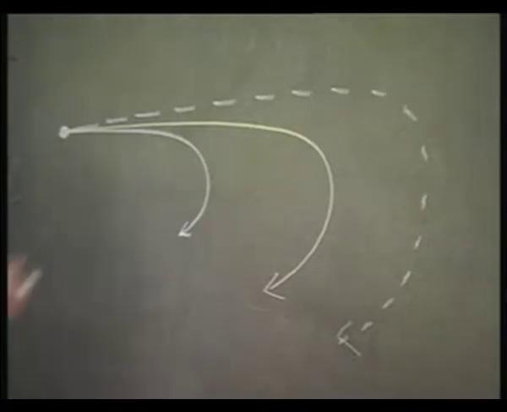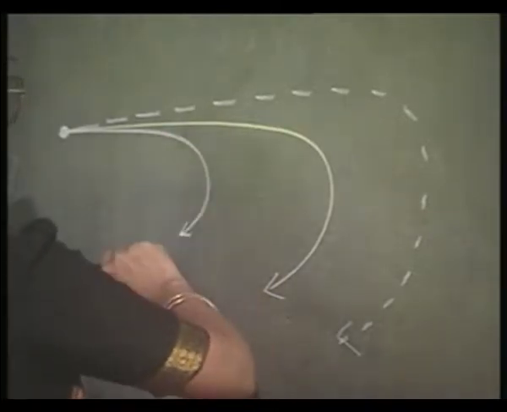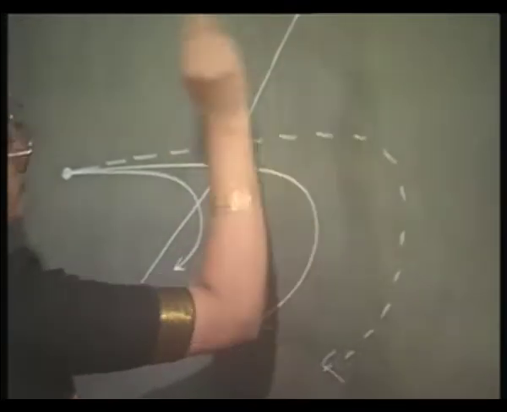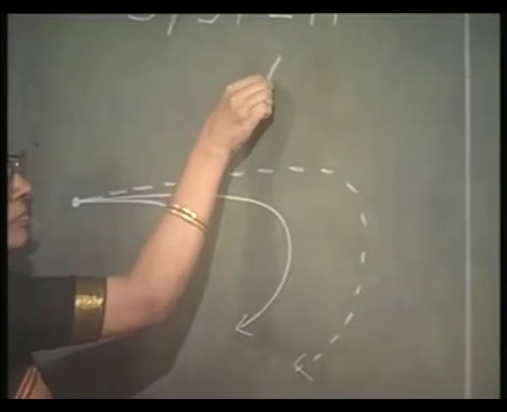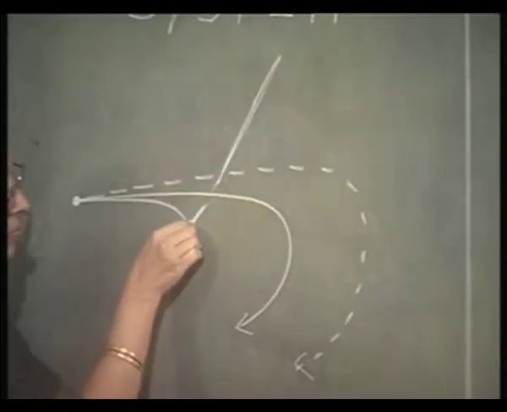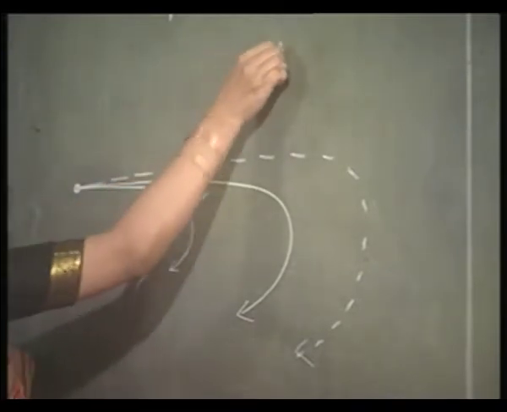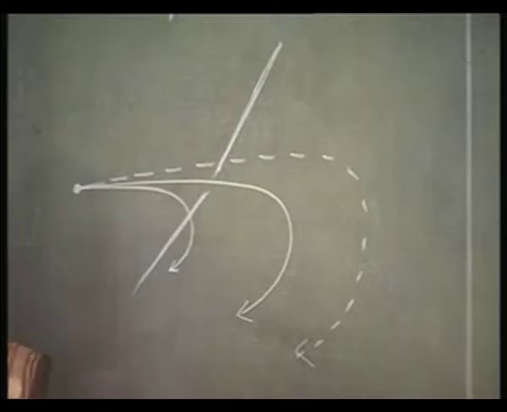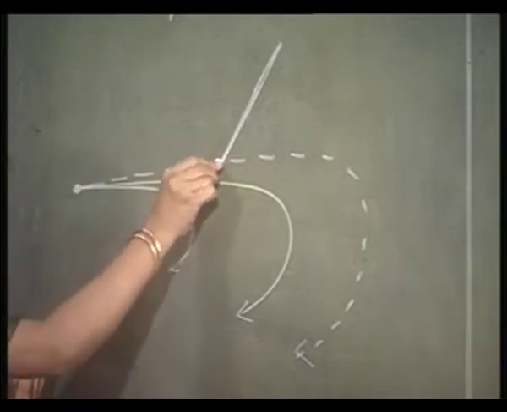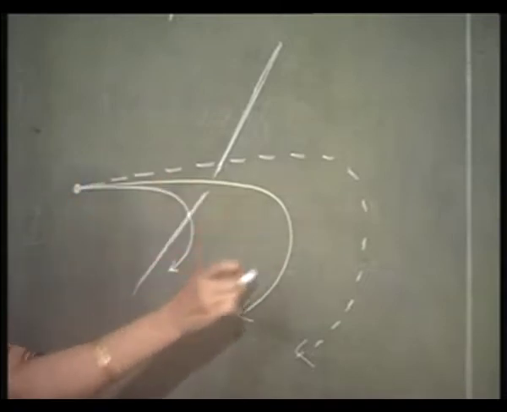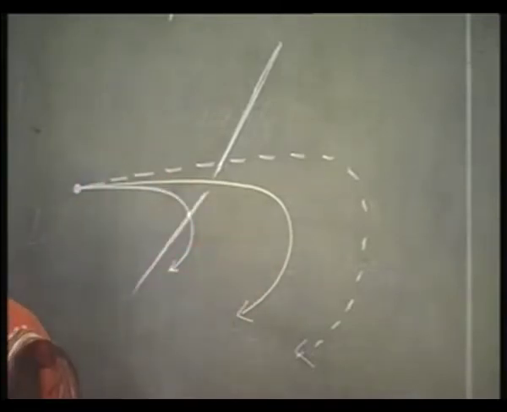Agreed? So, now if I have a slit like this, if I place a screen here with just a slit, then this one gets stalled here, this one gets stalled here, but this one can pass through the slit.